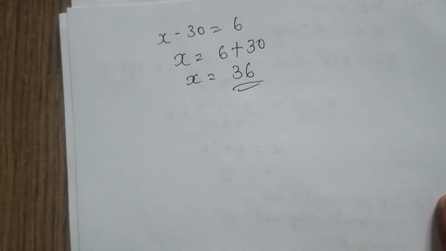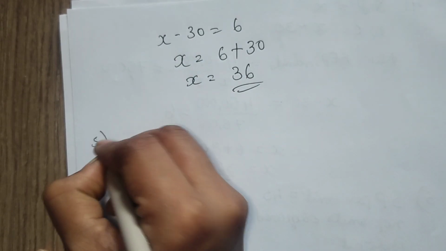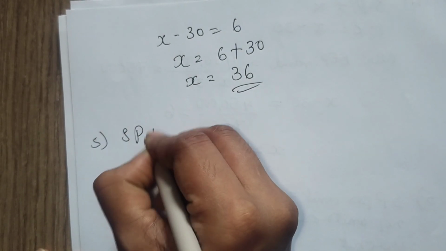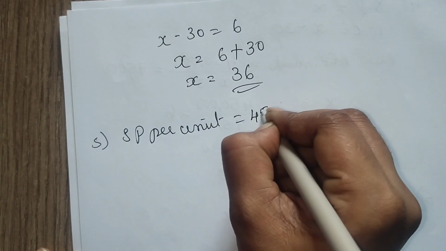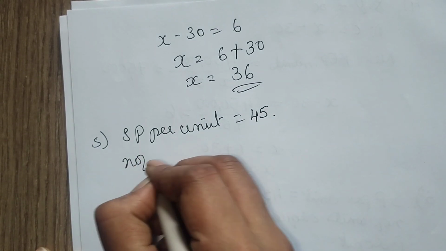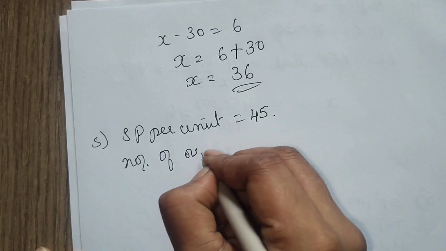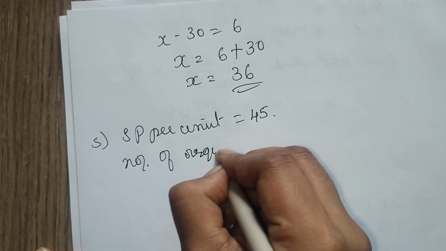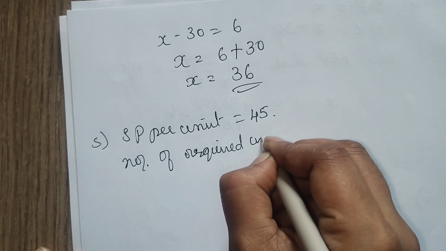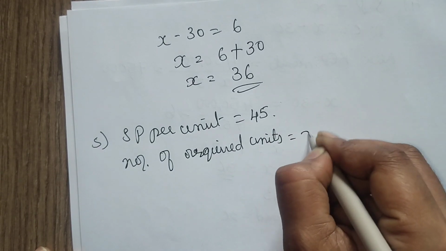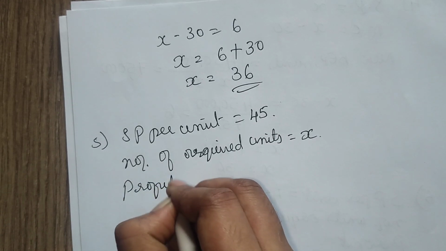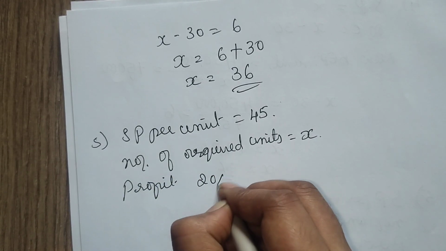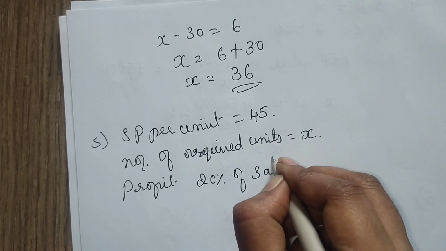20% on sale. For that we need to find out the last question. Selling price per unit is 45. Number of required units is X. Then we have profit, that is 20% of sale.